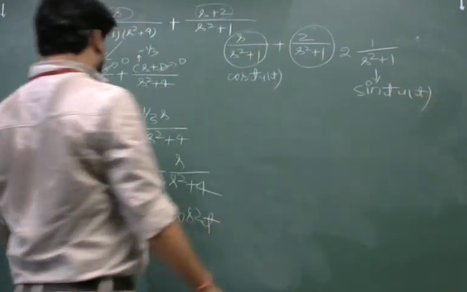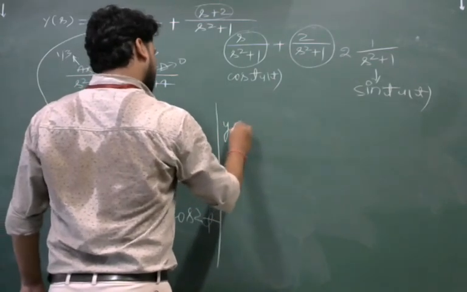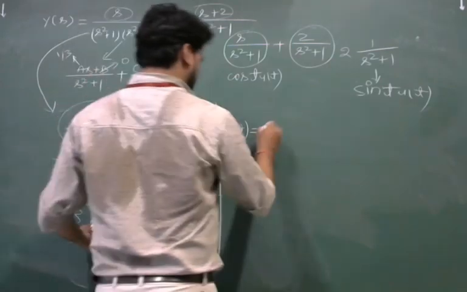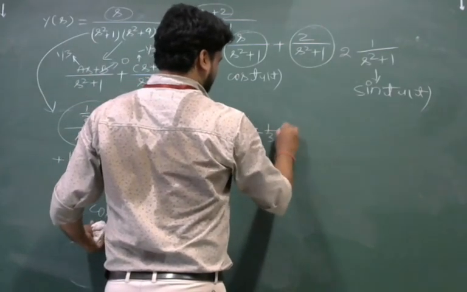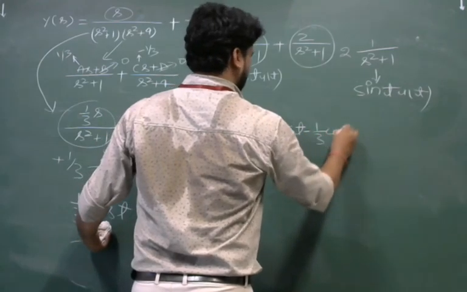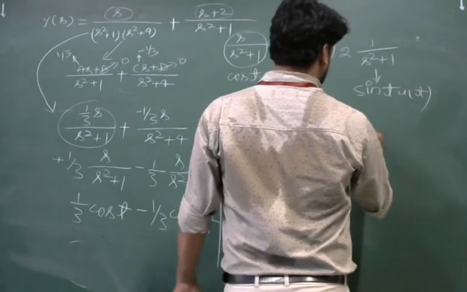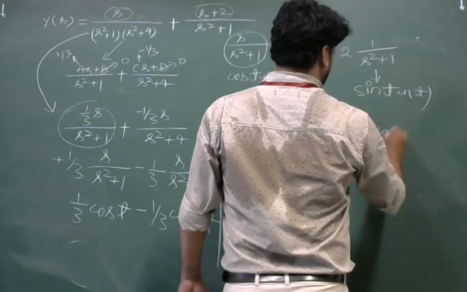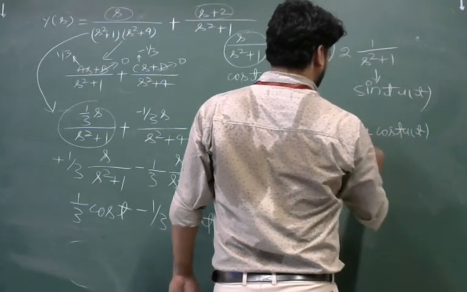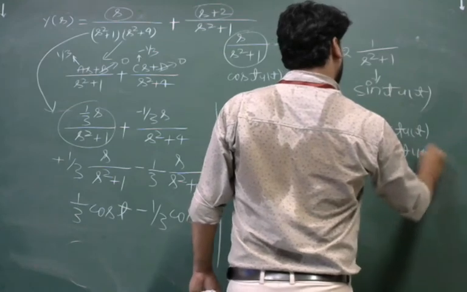So the overall output of the system y of t can be written as 1 by 3 cos of t minus 1 by 3 cos of 2t plus cos of t u(t) plus 2 sin of t u(t).